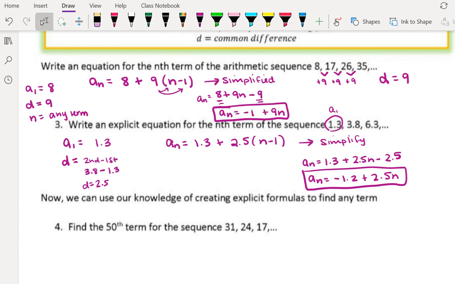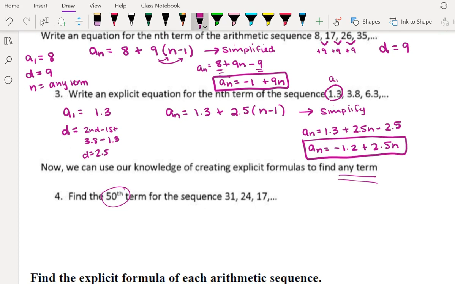Now we can use our knowledge of creating explicit formulas to find any term. So if I want to find the 50th term, in this case, a sub 1 is 31. The common difference, so I'm at 24 minus 31, the second minus the first, is equal to negative 7. We are looking for n equal to 50 because I am looking for the 50th term.